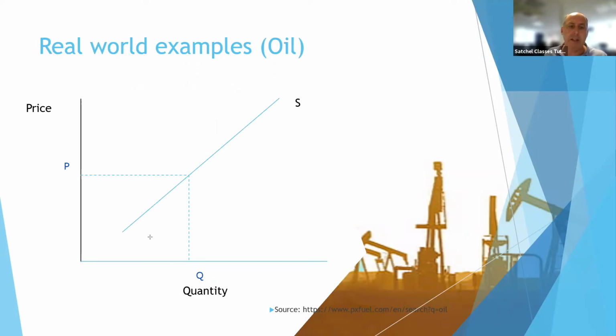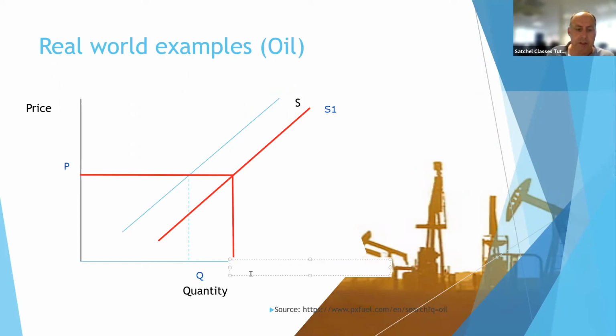So they may have predicted a certain amount out of a well, but because of new technology, they've actually been able to extract far more oil, and therefore they can shift the supply curve across to the right, producing more oil, and therefore we can increase the quantity at the same price. We're going to get more oil. So that's our shift across there. So new technologies, new methods of production can shift that over to there.